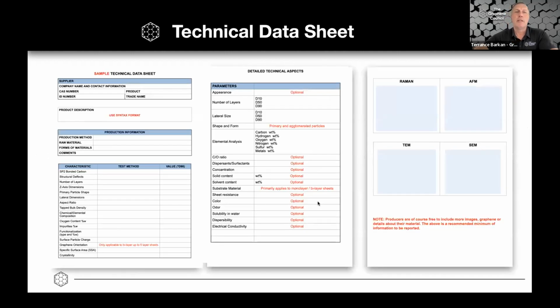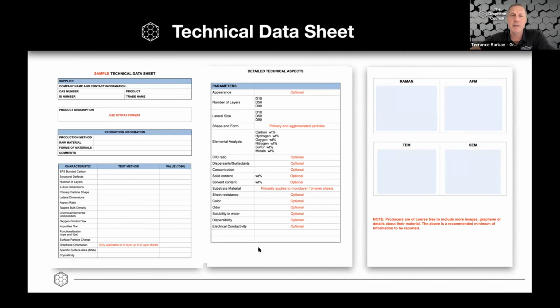And then when we go to the data sheet, it's pretty comprehensive. It includes all of the different dimensions that are in the Graphene Classification Framework. It includes additional dimensions that some producers may wish to add, things like color and odor, which are typically on a technical data sheet, but are not critical for commercial use.